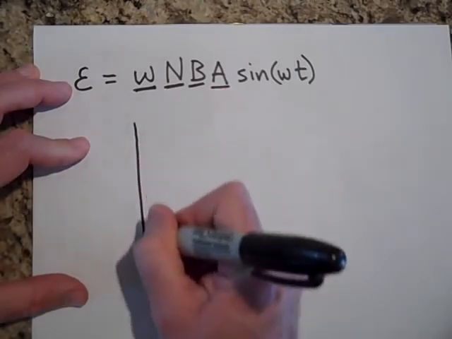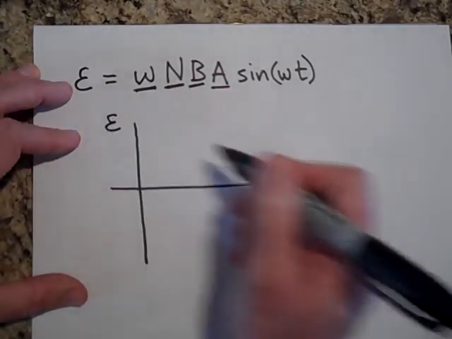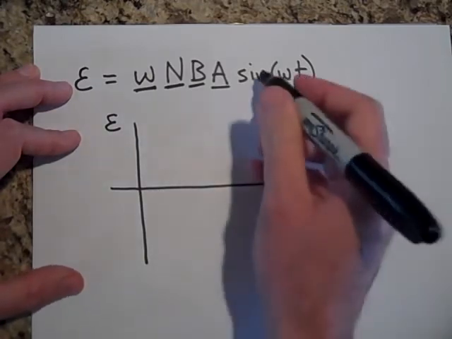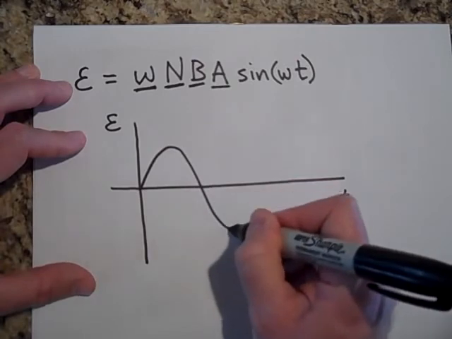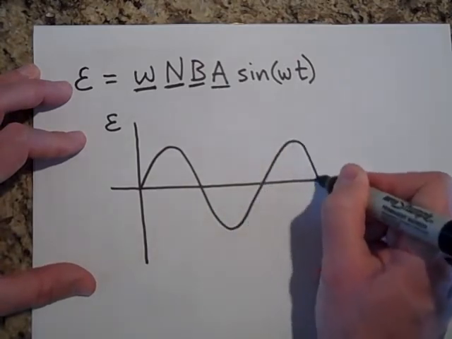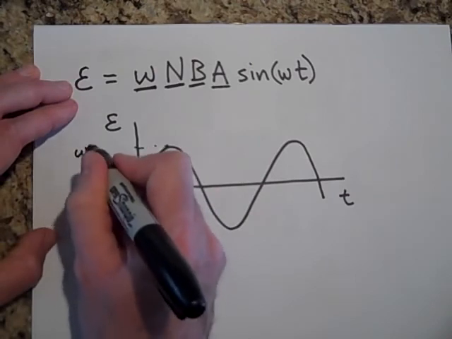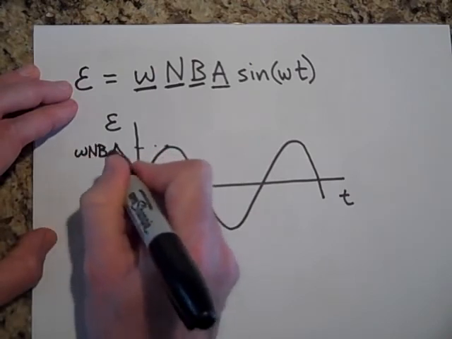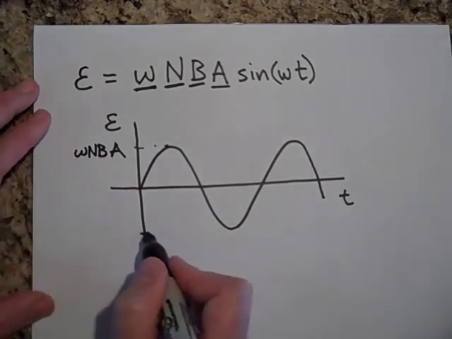But if you notice, if I were to plot EMF versus time, it's a sine wave. It's going to go something like this. Its maximum is going to be at WNBA, and its minimum will be negative WNBA.